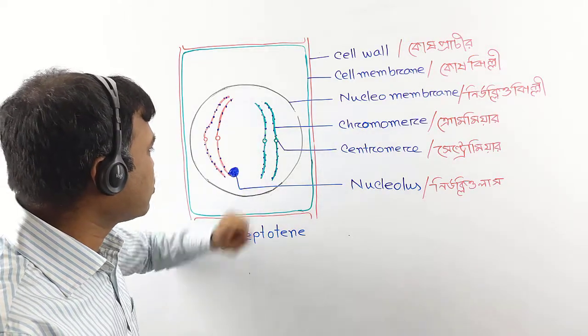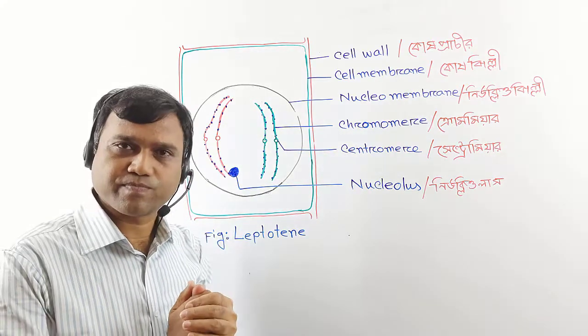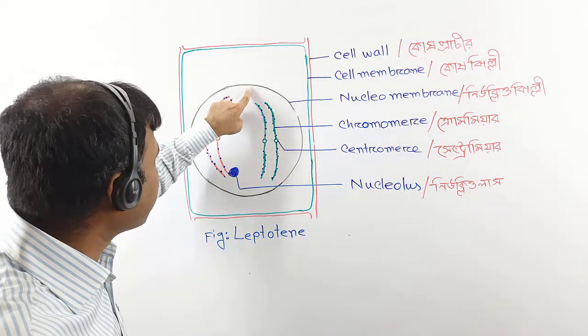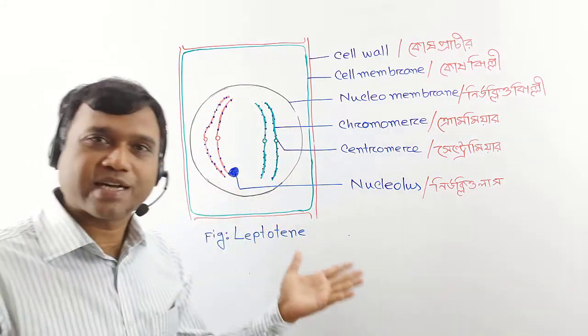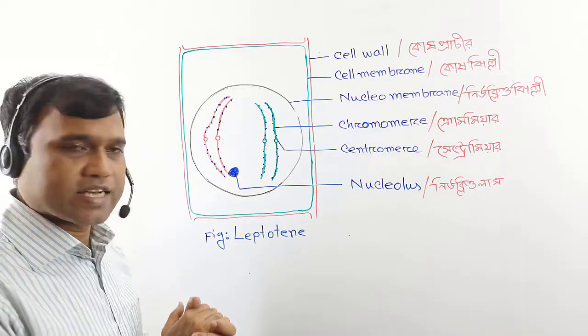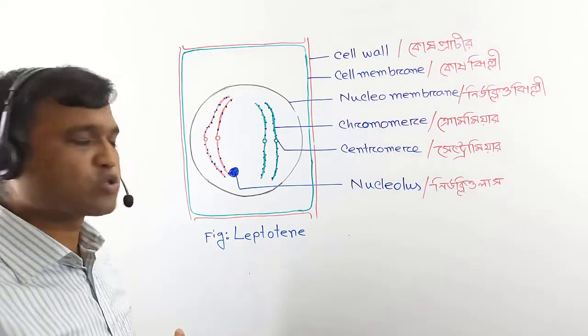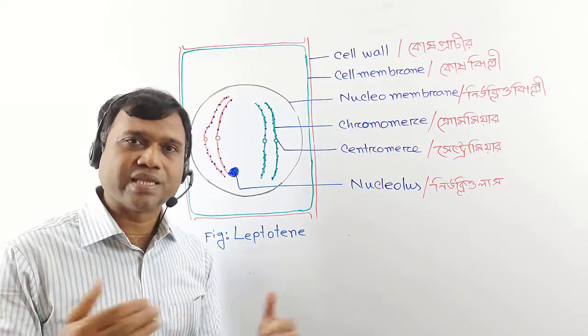On this chromosome we can find the chromomere. The nuclear membrane and nucleolus remain unchanged, and at last, by reducing water, the chromosome gradually becomes thick and short.